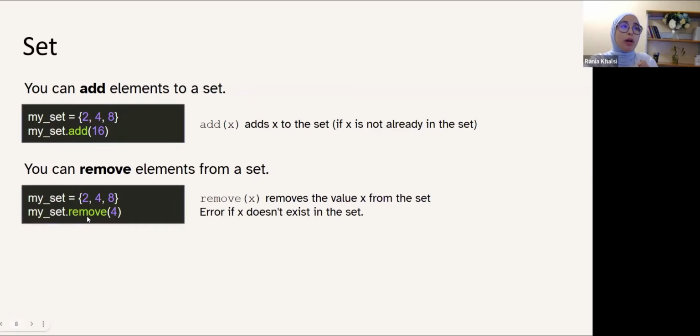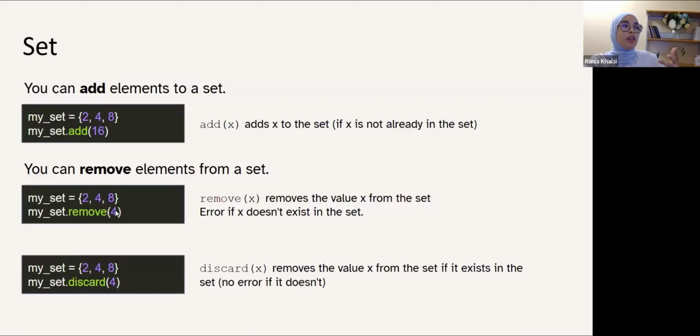If you want to remove from the set, you apply the method remove x, and we don't talk about index, so it's just going to remove that element. If you try to remove something which does not exist in your set, then it makes sense that you will get an error again. You can also use the method discard, and you give x, which in our case is 4, and it's going to remove the value x from the set if it exists.